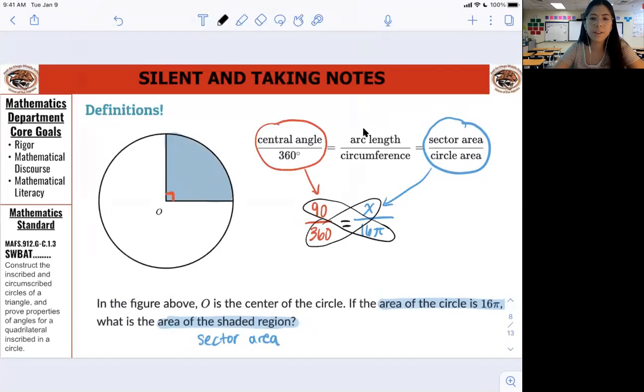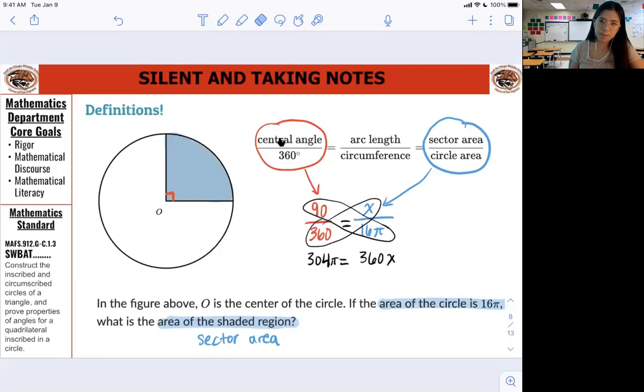You can use your calculators. 90 times 16. 304 pi equals 360x. Now we just divide both sides by 360, and what do we get? Wait, hold on. 90 times 16.